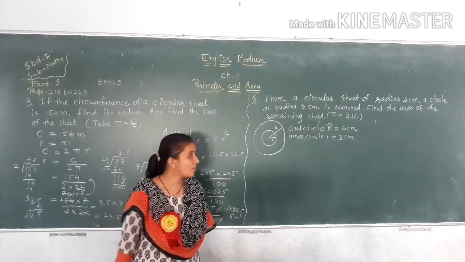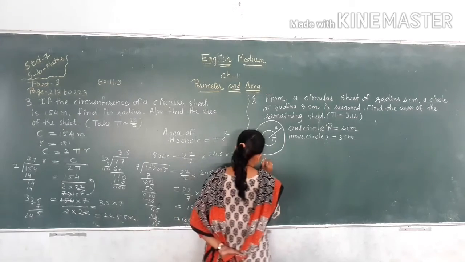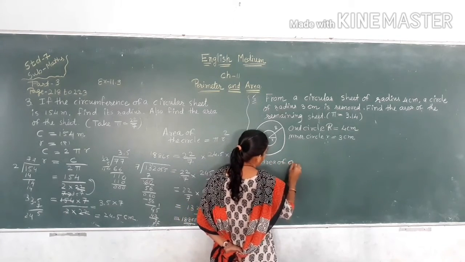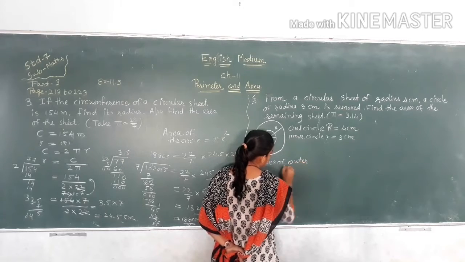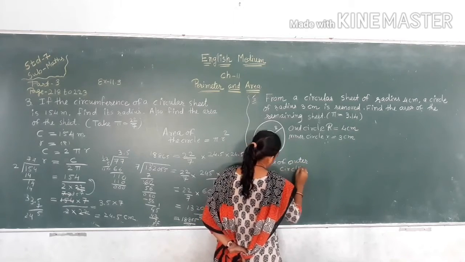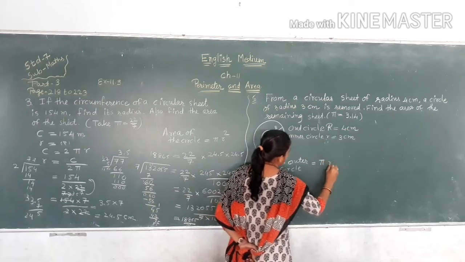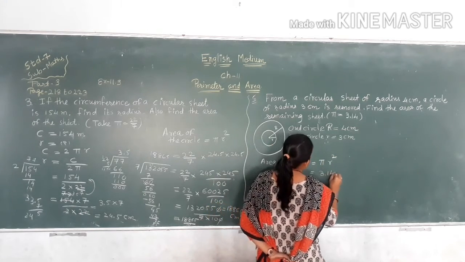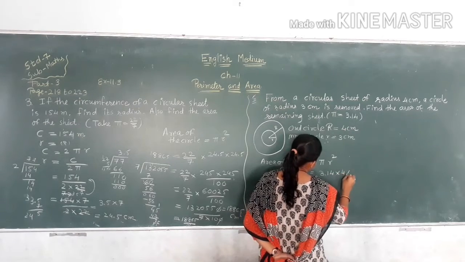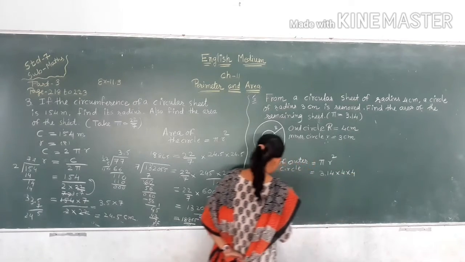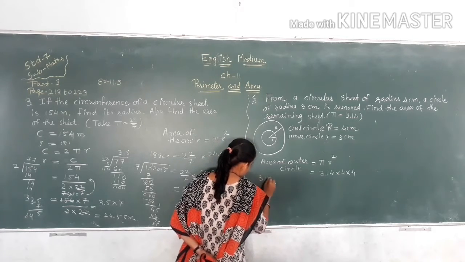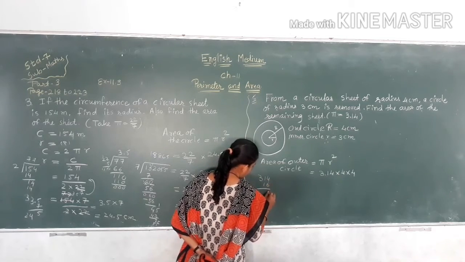Now area of outer circle is equal to pi r square. Pi value is 3.14 and r is equal to 4 multiply 4. So 4 4s are 16. 3.14 multiply 16. 6 4s are 24.